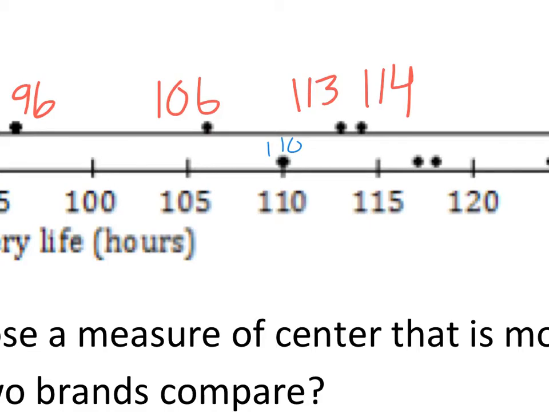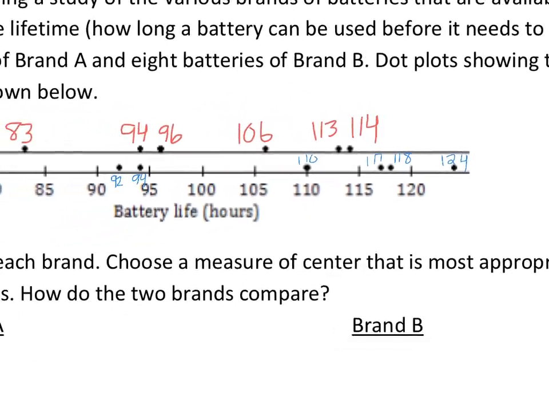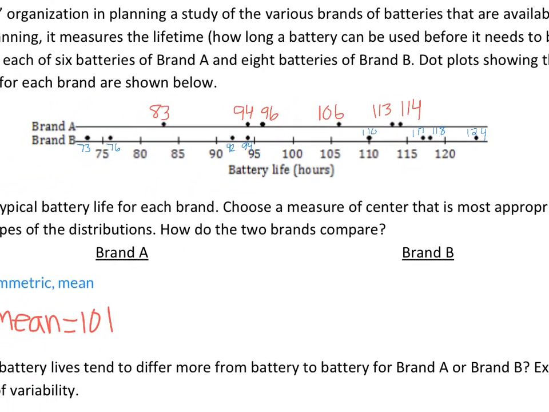And then 117 and 118. We have one out here. Since I don't see a 125 mark, this is probably about 124. So we have 8 values on there.